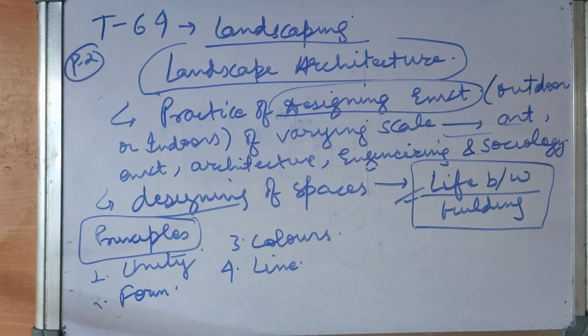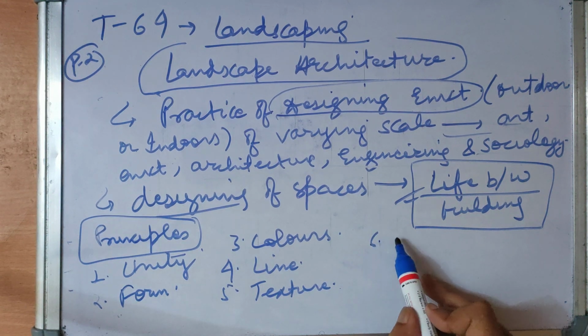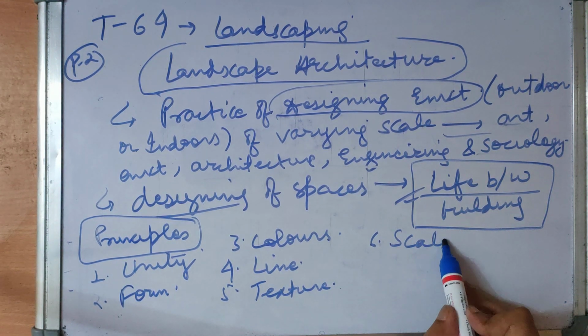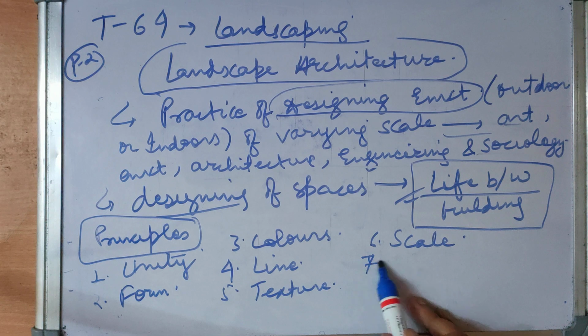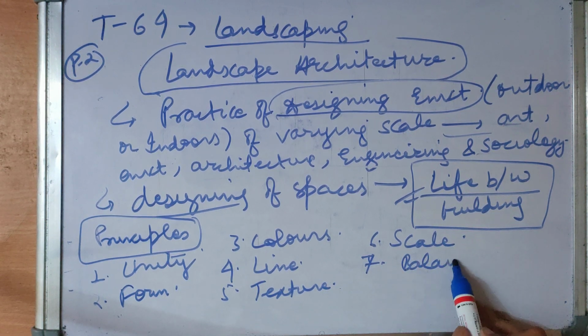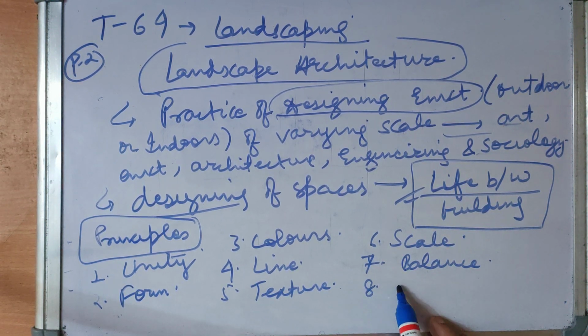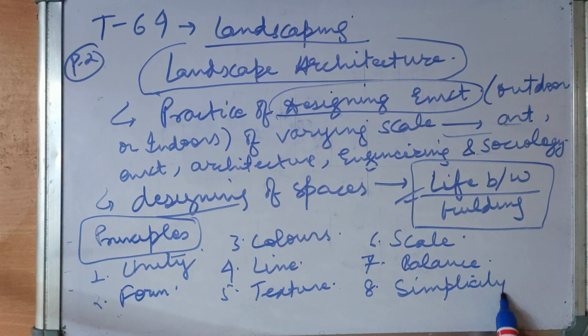Colors should be attractive. 4 line. 5 should be texture. 6 should be scale. 7 should be balance. There should be balance between every element. 8 should be simplicity and variety. It should not be so much fascinating. It should be simple, related to our nature, and variety. So these are 8 principles of landscaping.